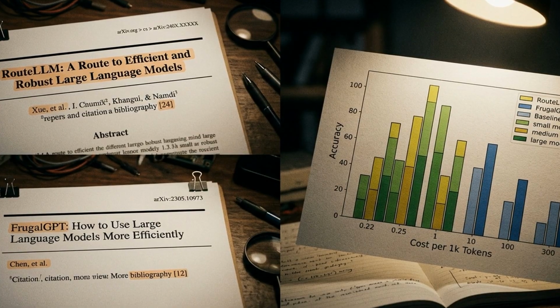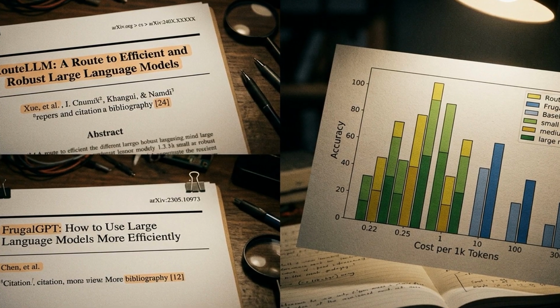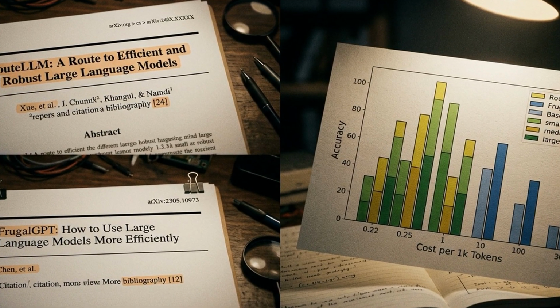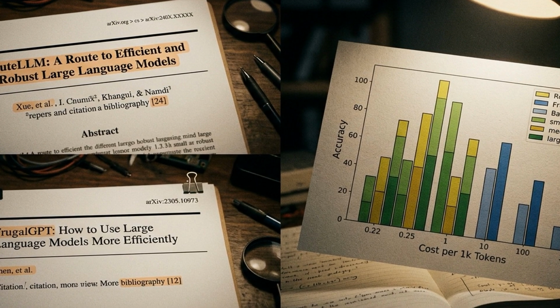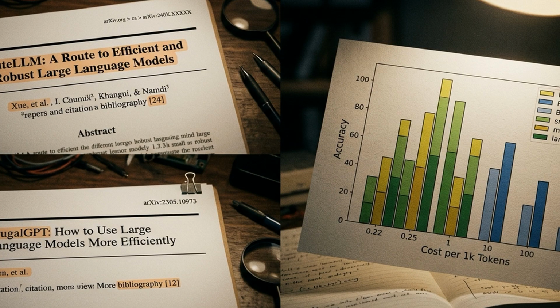This is not speculative. It is a documented research line. In July 2024, researchers, including Isaac Ong and colleagues associated with LMSYS, published RouteLLM, which trained routers to direct queries between a strong and a weak model. The paper reports cost reductions exceeding 85% on MT-Bench, while retaining roughly 95% of the stronger model's measured performance.